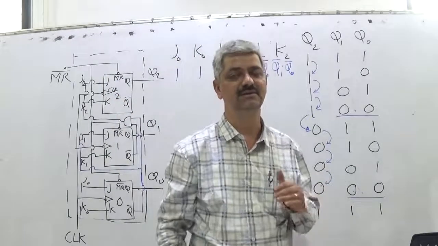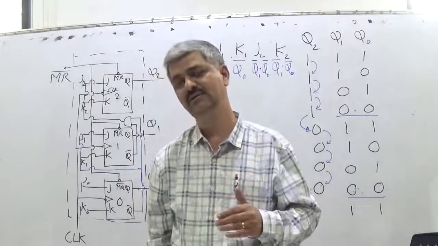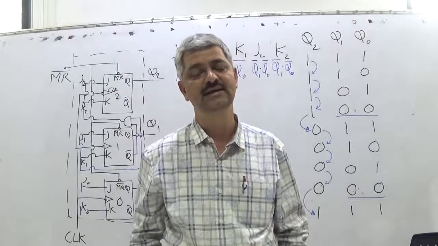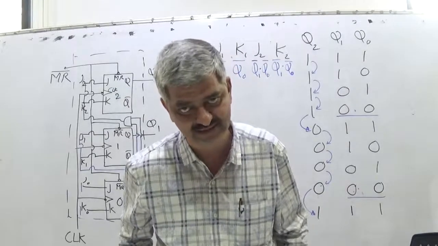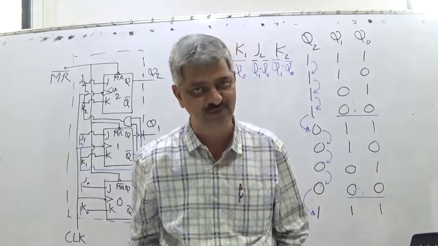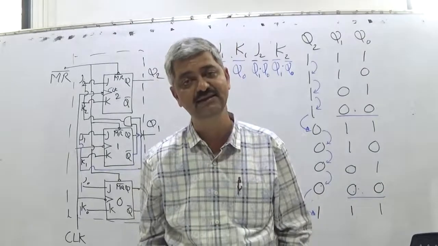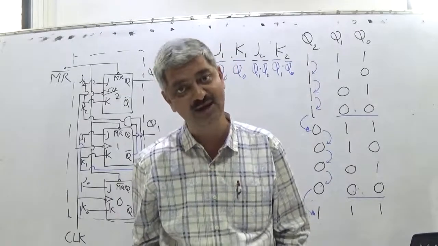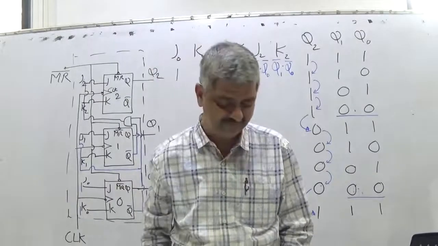Now what is the difference in this counter? A decade counter has 10 states. Using 4 bits, 16 states are possible. So designing a decade up counter and a decade down counter is quite interesting.